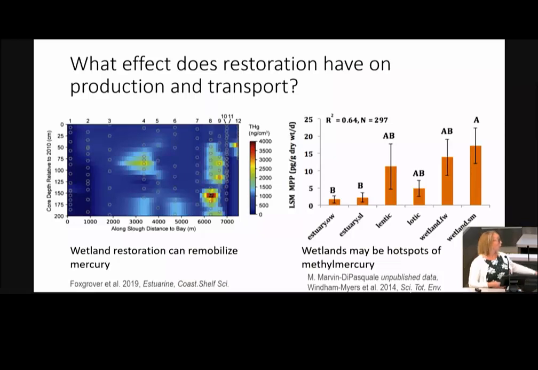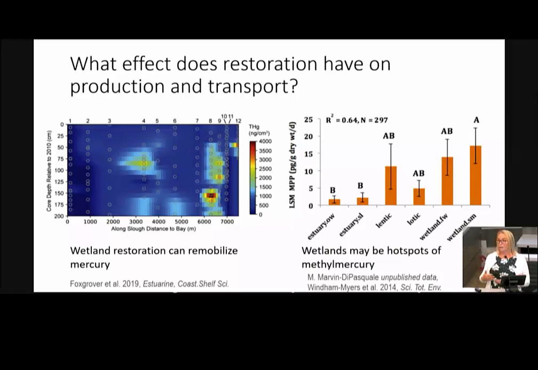So what we're seeing on the left here is an interpolation of the sediment concentrations of total mercury from Alviso Slough down in the bay. And this study showed that as you restore a wetland and you start to get some of those nice channels that you'd like in a wetland, that scour also may remobilize some of this legacy mercury that occurs in the sediments.